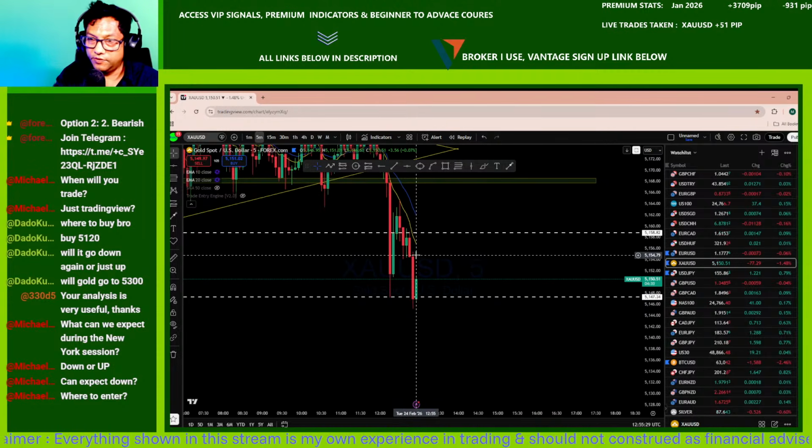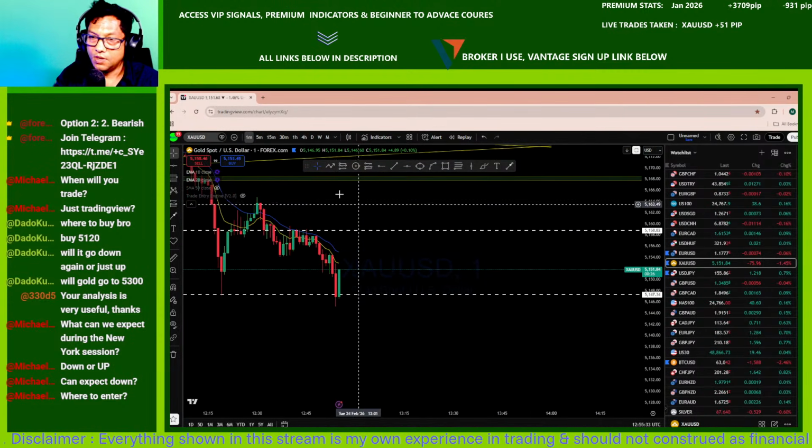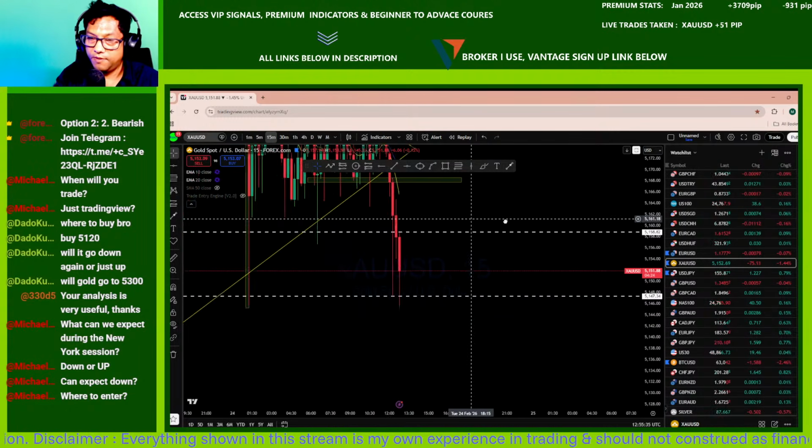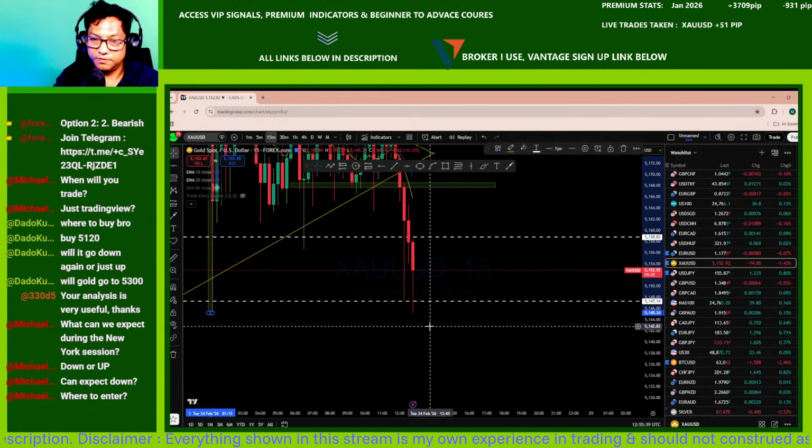If you look at this, it is a long bearish engulfer here, and the previous support is here.